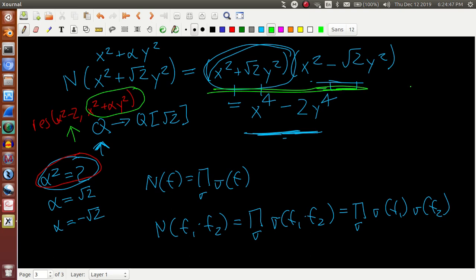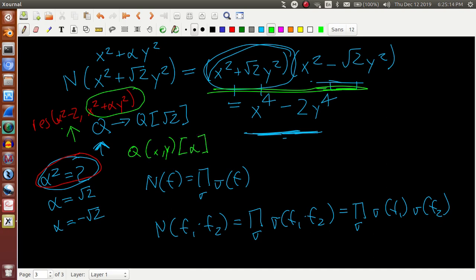And all that's needed is just some linear algebra. Just take these coefficients, 1, negative 2, x squared, y squared. They're considered coefficients here because we're looking at it basically as Q, x, y, and probably even as a field.